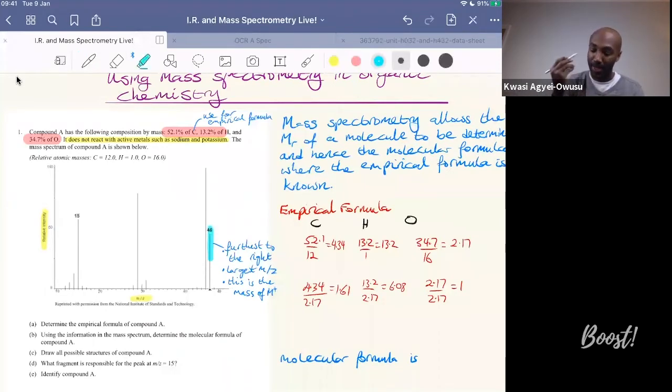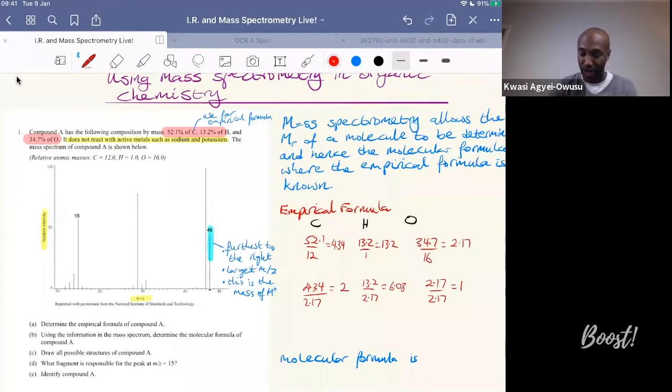So hopefully I have illustrated here the importance of setting out your calculation neatly so that you can work out any errors or troubleshoot any errors that you make. Okay, so we've got an error in our calculation for 4.34 over 2.17. That should give us 2.